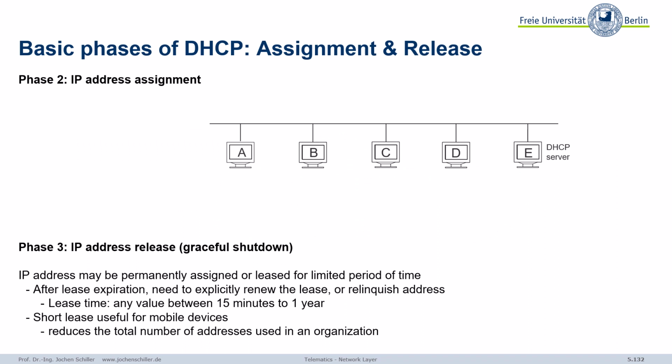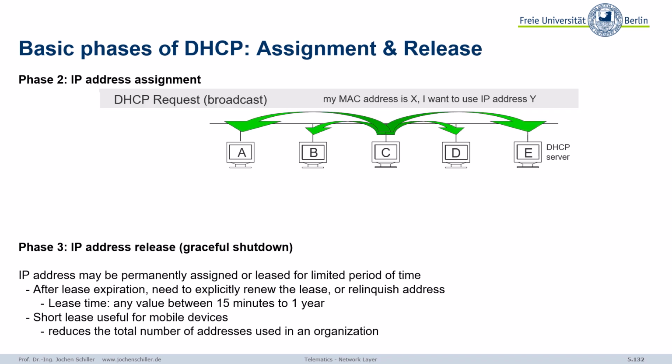Now phase two. Computer C picks one of the addresses and broadcasts this, telling everybody: listen, this is my MAC address and I want to use this IP address, one of the choices offered by the different DHCP servers.